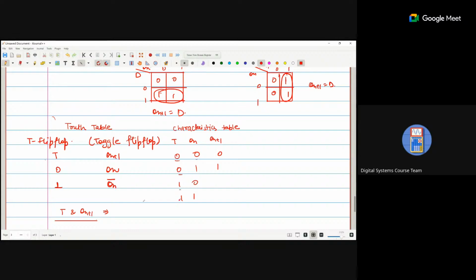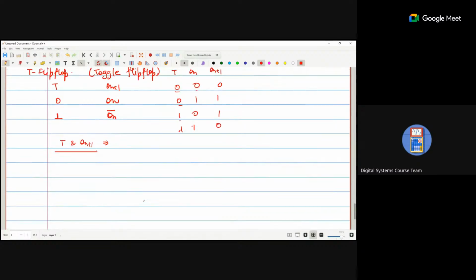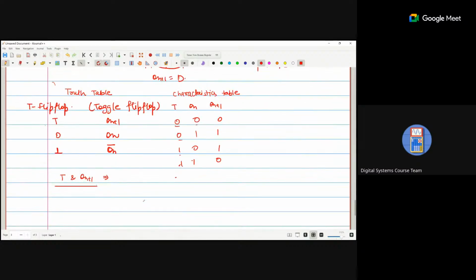When T is 1, flip. Now if you draw the K-map and find the equation, you can find Qn plus 1 is T bar Qn plus T Qn bar. In both situations, the output is 1.